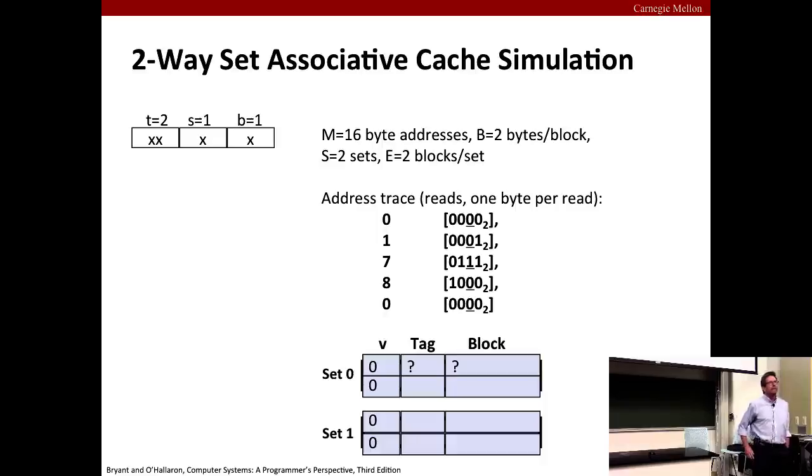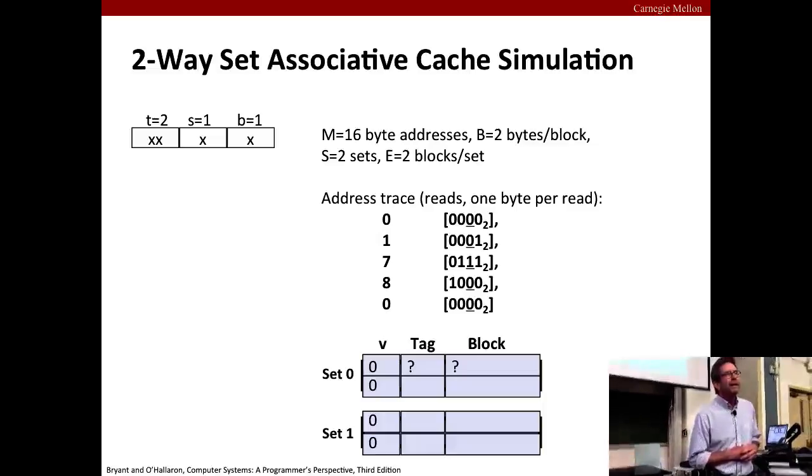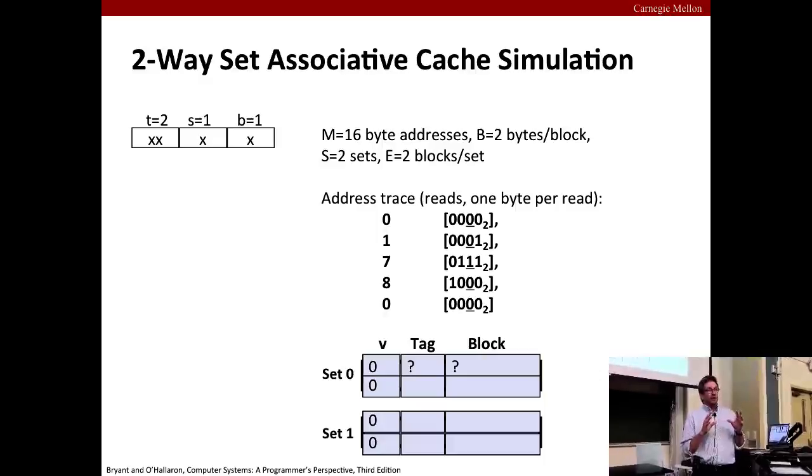Yes. Is the block size determined by the number of lines per set? The question is, what determines the block size? That's determined by the design of the memory system. It's a fixed parameter of the memory system. When the Intel designers decided to put cache memories on their processors, they decided that the block size would be 64 bytes. So the block size comes first.